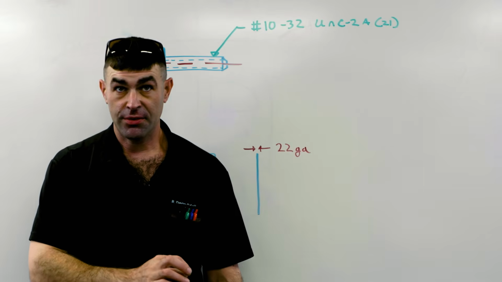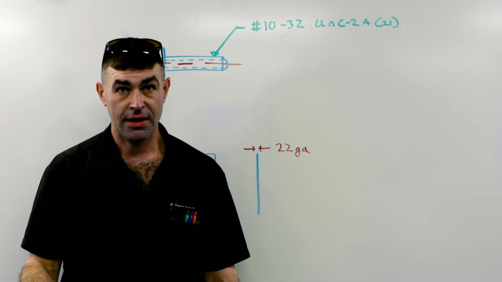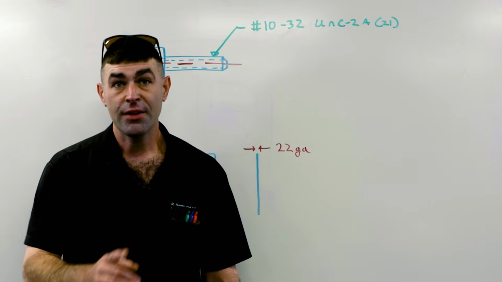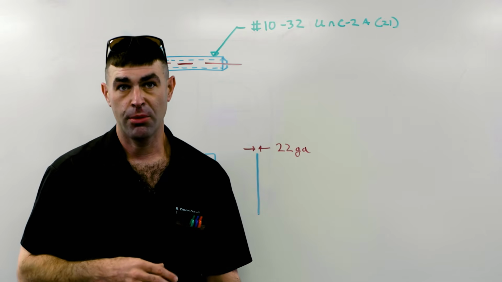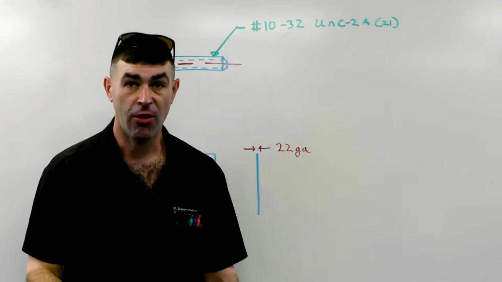Now, I'm not saying this is good or bad, right? I'm pretty sure if you go look up in ASME B1.1, you'll find that number 10 reference and be able to look up the major diameter. But the rule says shall.